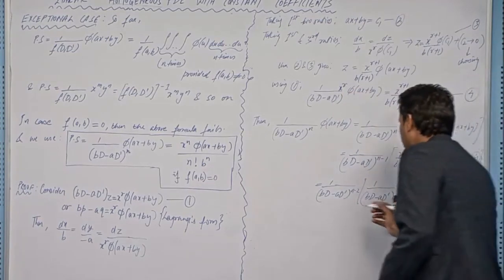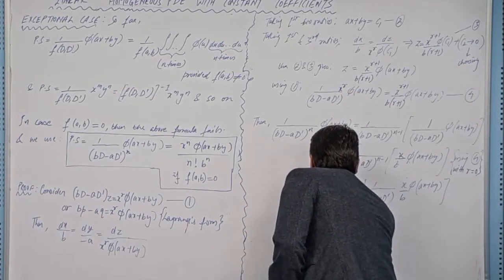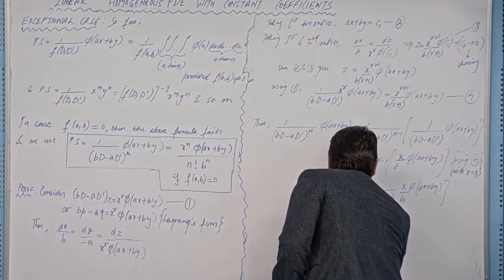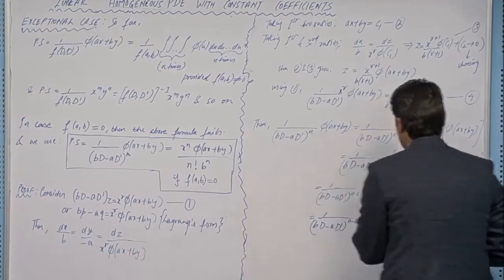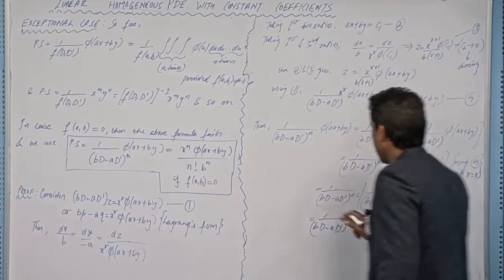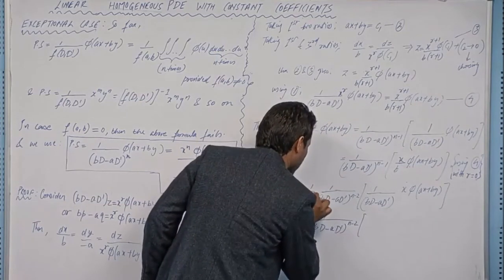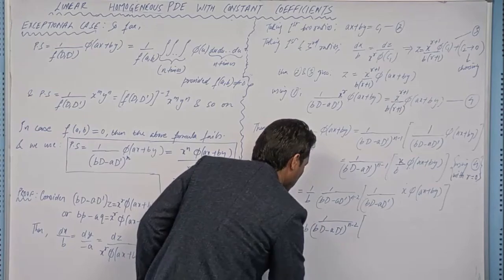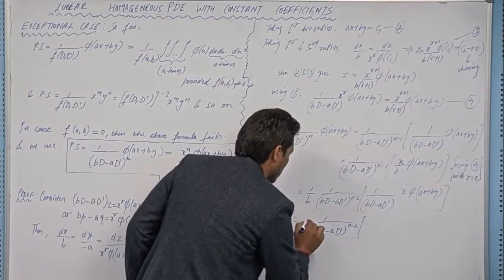So 1 upon bd minus a d dash to the power n minus 2 operated on this, b will play no role, so I write it outside, 1 by b.